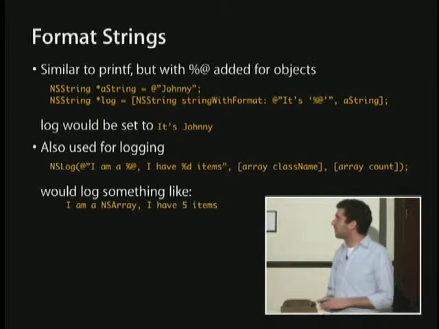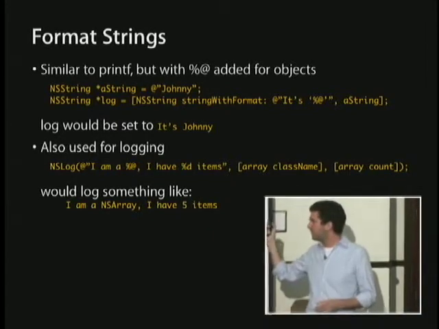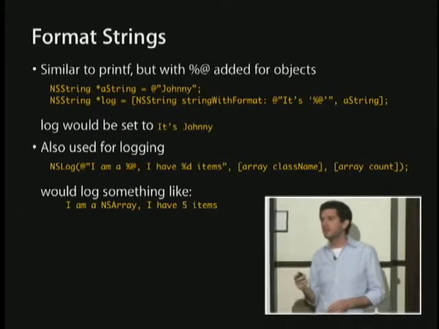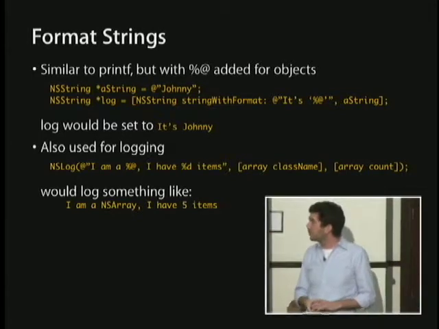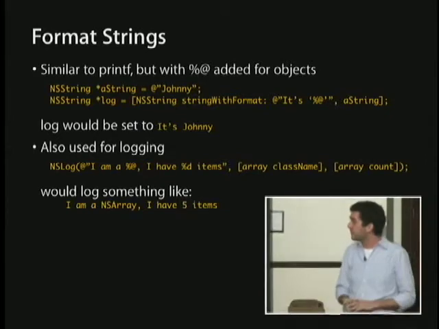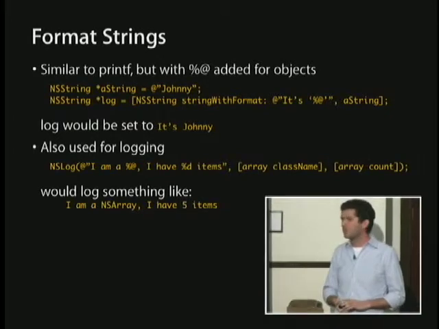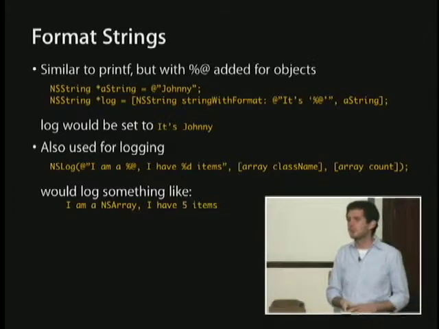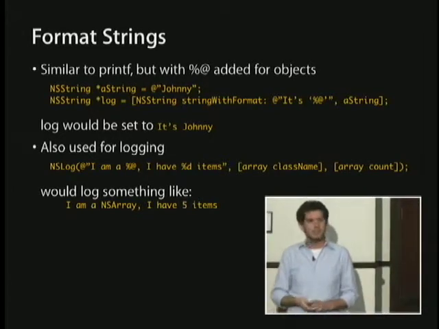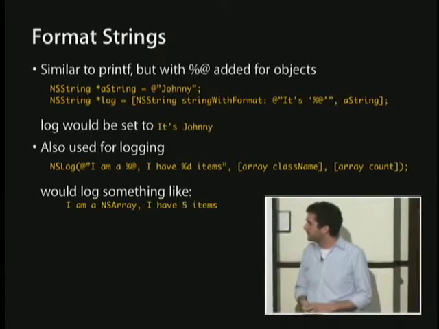You can also use that for logging. NSLog, we saw a little bit ago, but we only passed it one parameter. If the first parameter you pass to NSLog is a constant string there, you can actually put format arguments in it and then pass a bunch of extra arguments to be formatted in there. So NSLog is effectively a replacement for printf to be used for debugging and that kind of thing. And that's just going to log out something that's been formatted just like it would with printf.